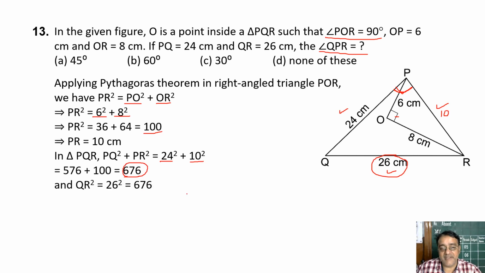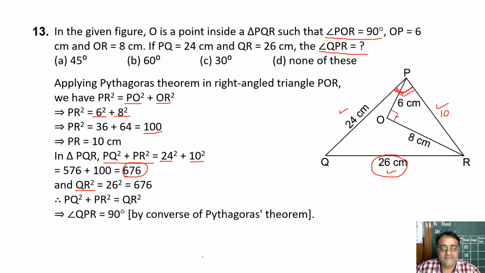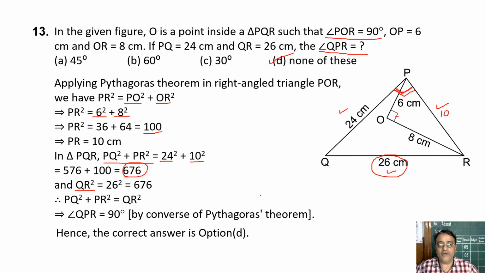QR square is 676, and that means this is equal to this one. So by converse of Pythagoras theorem, angle QPR is 90 degree. So which option is the correct one? Option D, right. Any doubt in question number 13? No, sir.